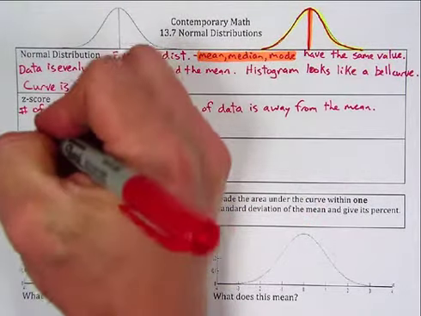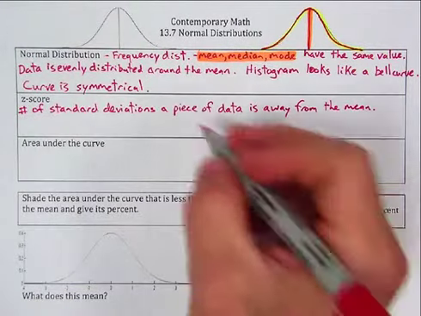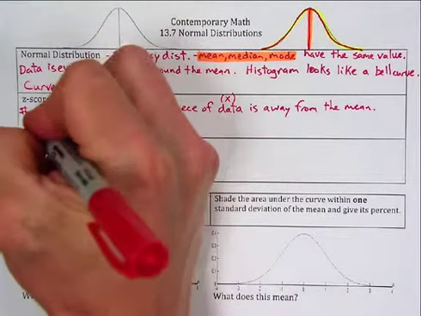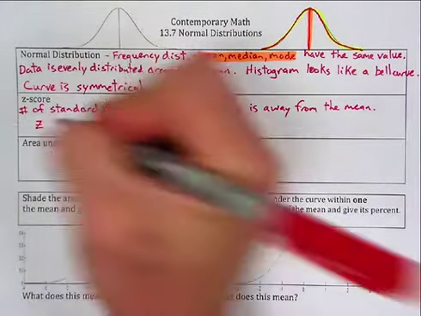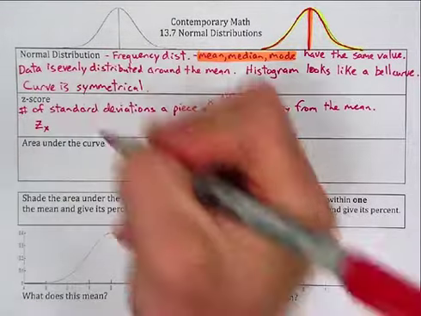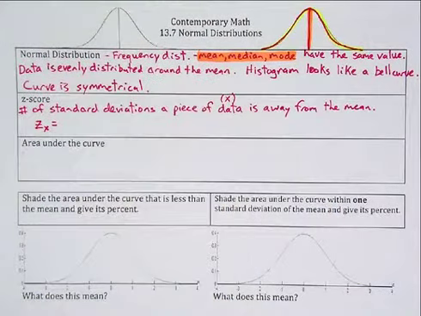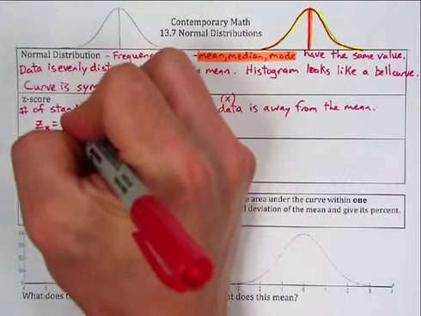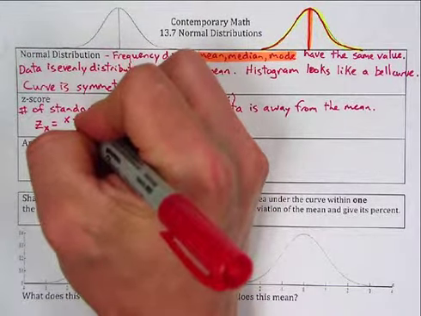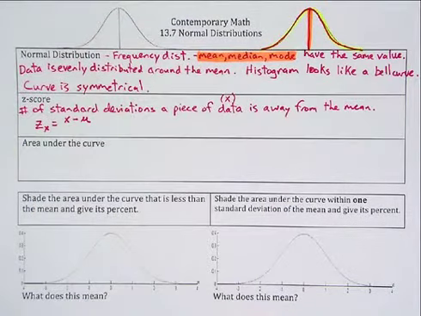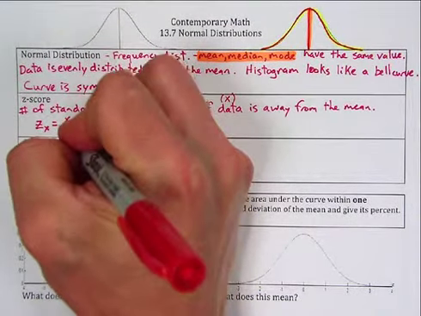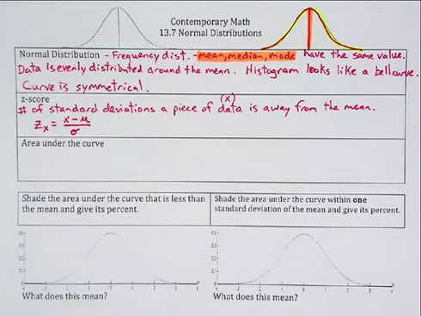So to find it, okay, we can let all our pieces of data equal x. And so we say the z-score for a particular piece of data, x, is going to be that piece of data, x, minus the mean. Okay, we can write mu or x bar, and then divided by the standard deviation, which is going to be s or sigma right here.